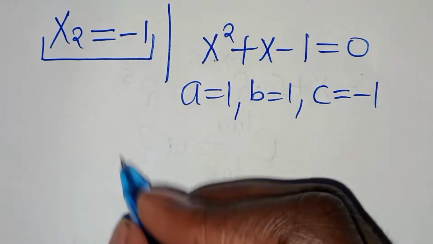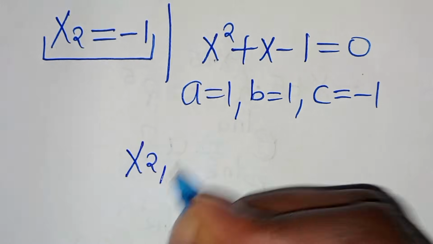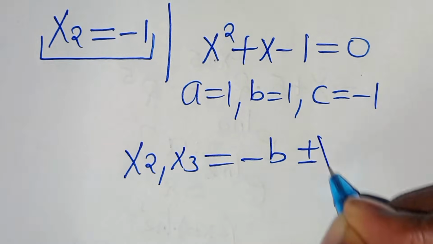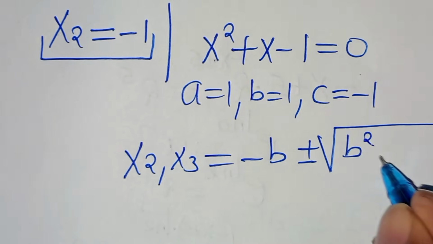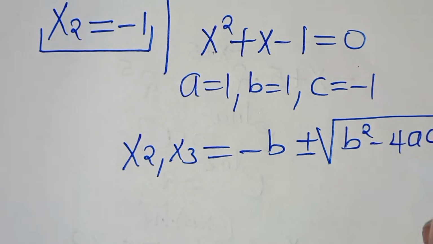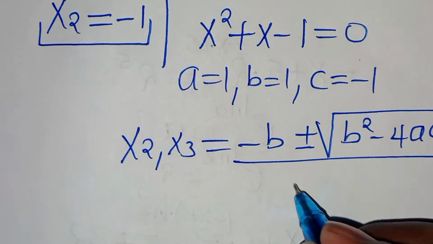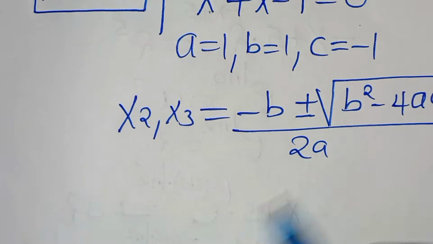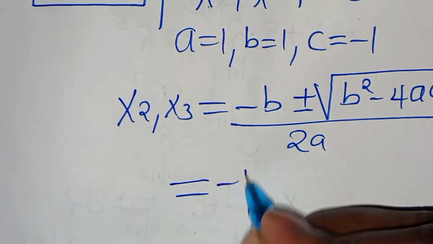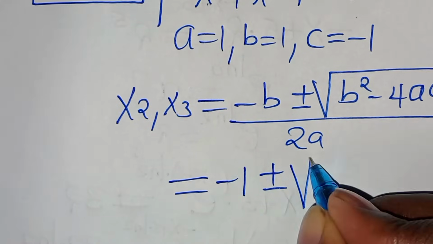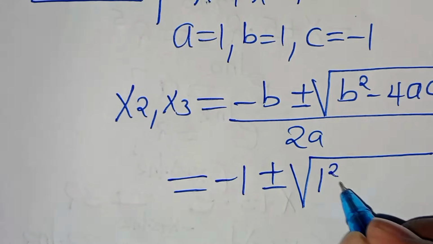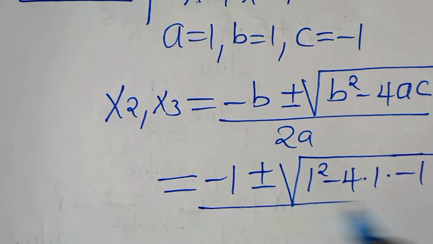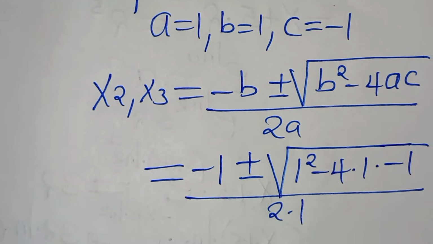Now let's apply the quadratic formula here to solve for x3 and x4, and this is equal to negative b plus or minus the square root of b squared minus 4ac, everything here divided by 2 times a. So let's substitute a, b, and c into this formula here, so that we have negative 1 plus or minus the square root of 1 squared minus 4 times a, which is 1, then times c, which is minus 1, divided by 2 times 1.